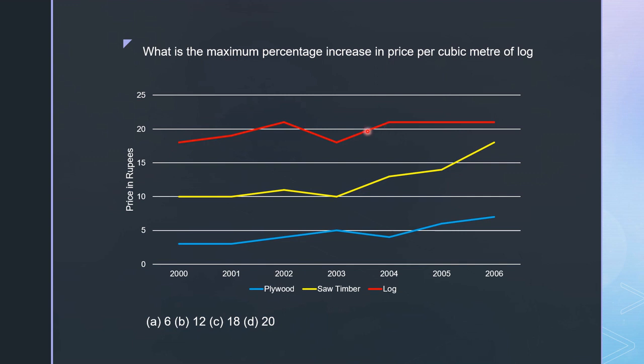So we have to calculate, what is the question, what is the maximum percentage increase. Firstly we have to calculate this area, because in this area the maximum increment has occurred. In 2003 the value is 18 and in 2004 the value is 21.